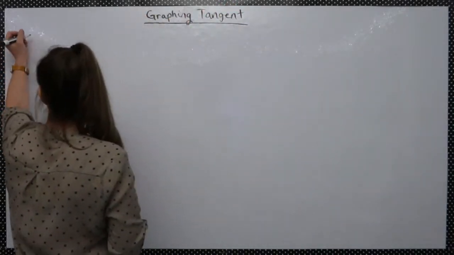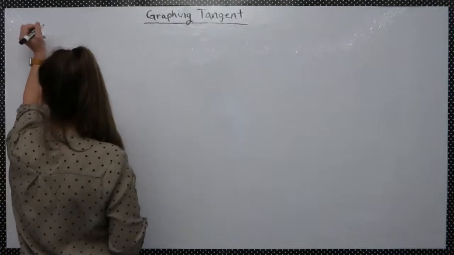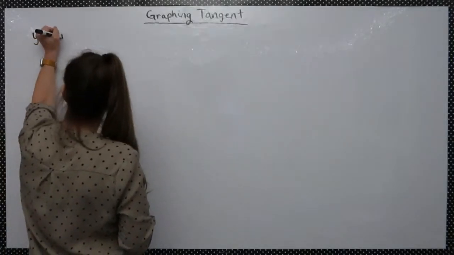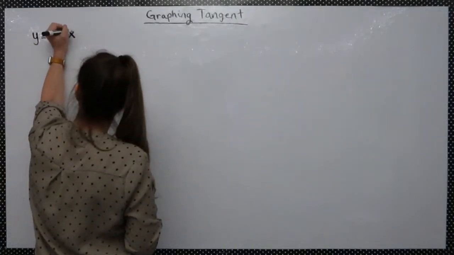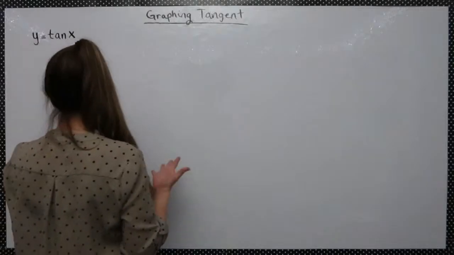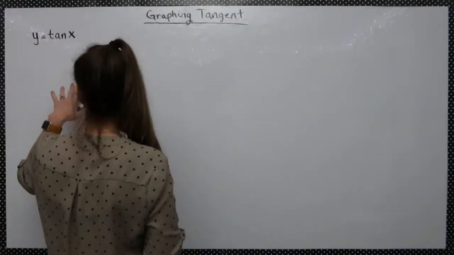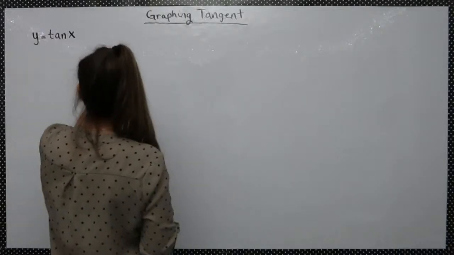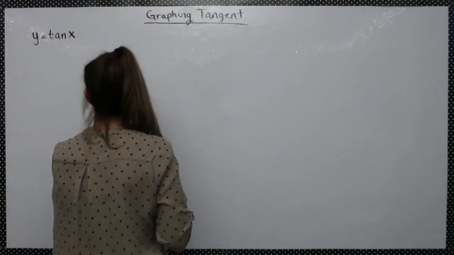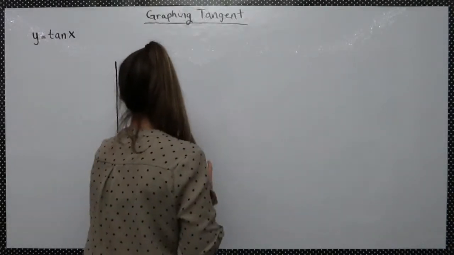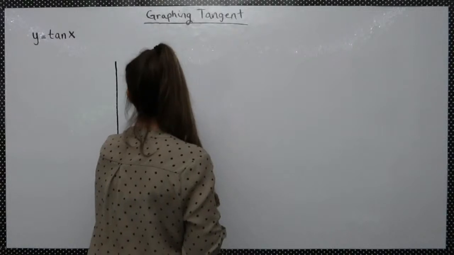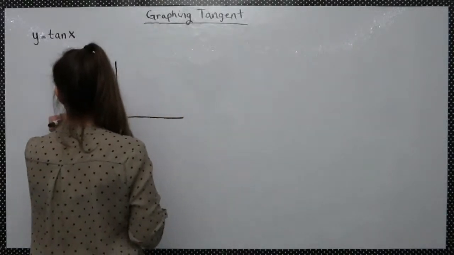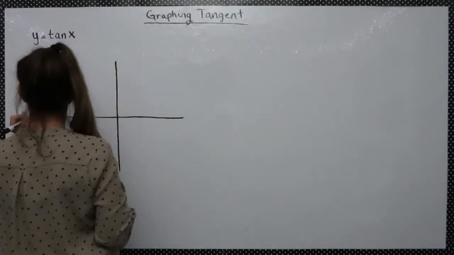So we have y equals tangent x, or tangent theta. But in this case, we can use x and talk more about the period. So the sine and cosine functions have a period of 2 pi.